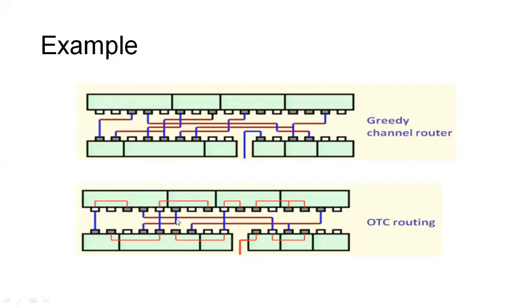This is the convention we have been using for all the discussions on routing so far. Blue is for the vertical channel in metal layer 1, and brown is for the horizontal track in some other metal layer 2. Over the cell routing is shown with the red color.